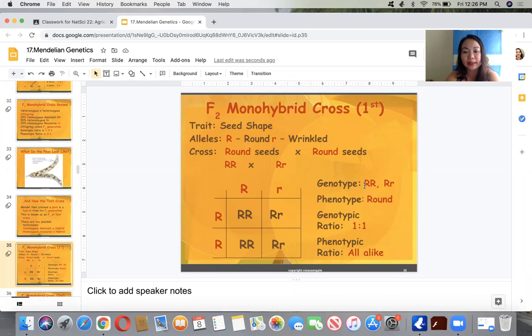So the genotype is both big capital R and a combination of big R and small r, but the phenotype is all round because it has the dominant R, and the genotypic ratio is 1:1. The phenotypic ratio is all alike.